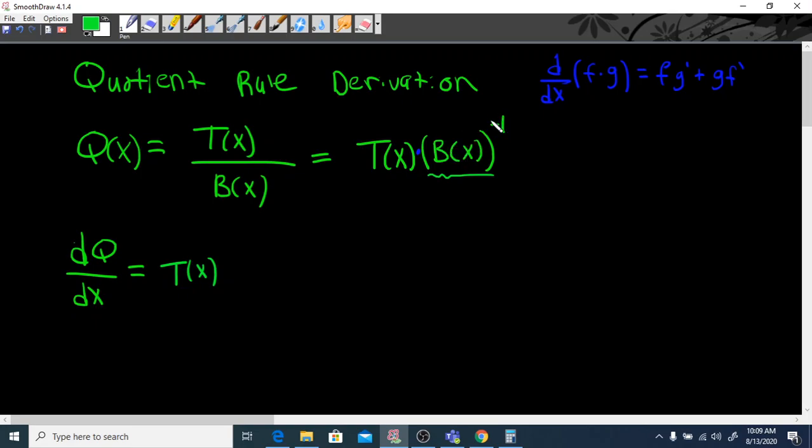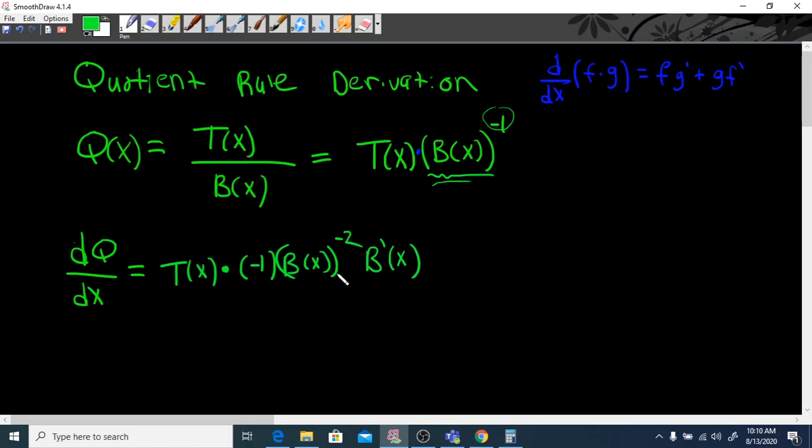So the outermost function here is the -1 power. So we're actually going to use the chain rule. So first -1, and then b to the power -2. Then, we handled the exponent, so now move inside. And so that's just going to be the derivative of b, which we can write as b prime.